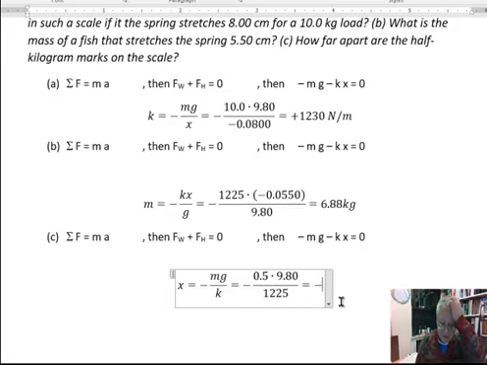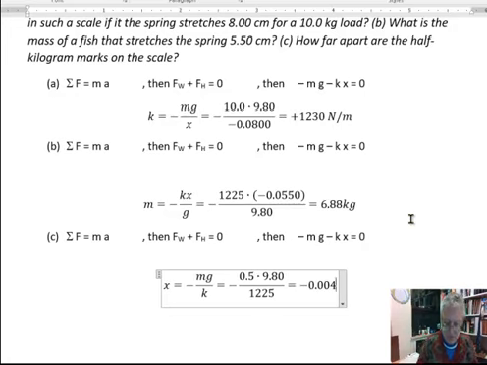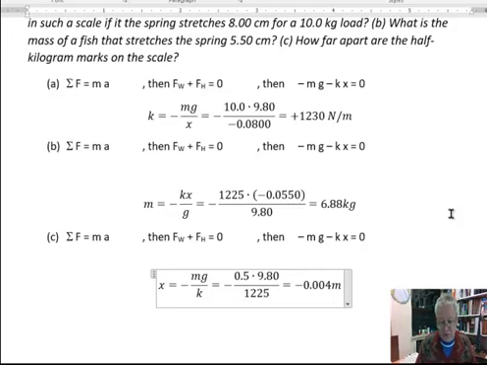Notice this time we don't have a third negative, so the negative actually survives. When we plug that in, 0.5 times 9.8, divide by 1225, and I come up with 0.004, which is newtons divided by meter. So newtons divide out, and the meters goes to the top, which makes sense because I'm supposed to come up with a distance.